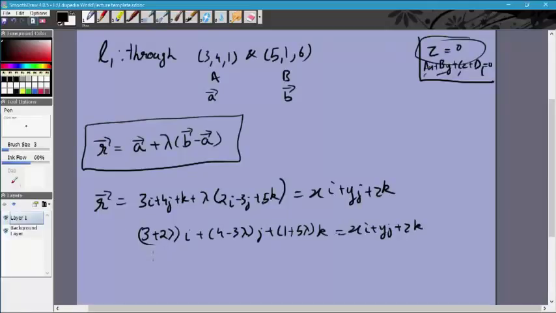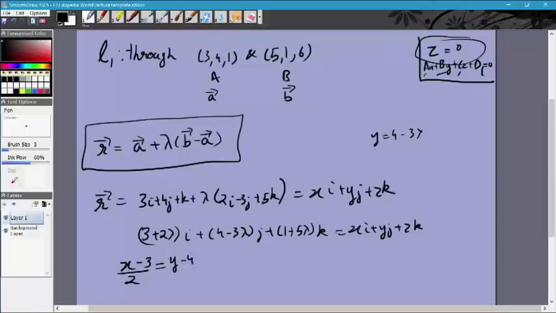So we'll just write equal to lambda everywhere. So x is equal to 3 plus 2 lambda, means x minus 3 divided by 2 is equal to lambda. Similarly, 4 minus 3 lambda is y, which means 3 lambda is equal to 4 minus y, or negative of y minus 4 divided by 3 is equal to lambda.